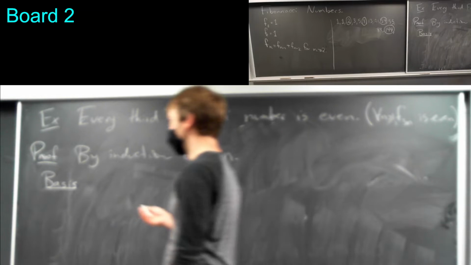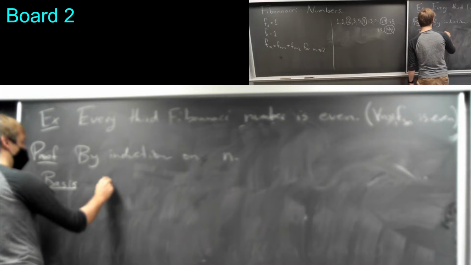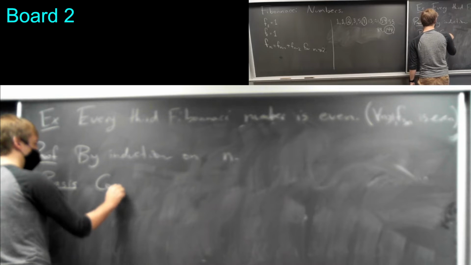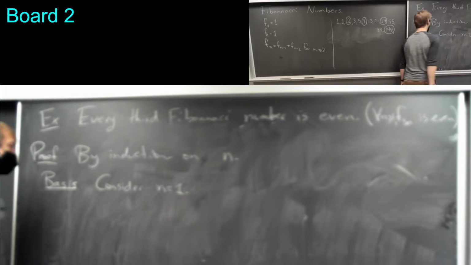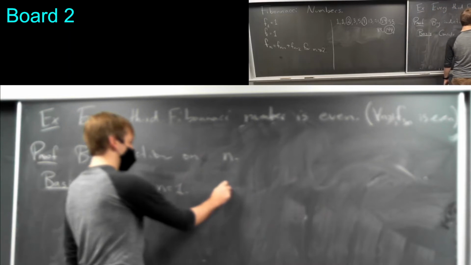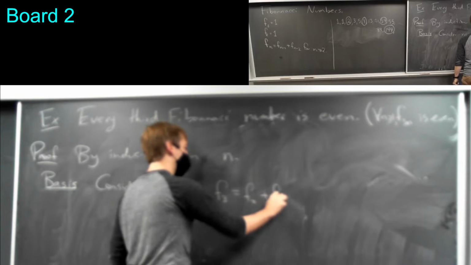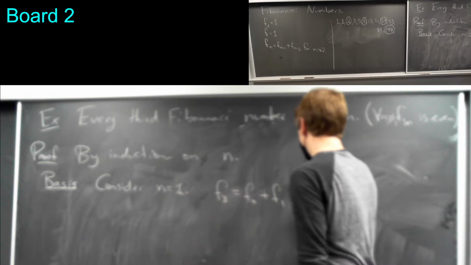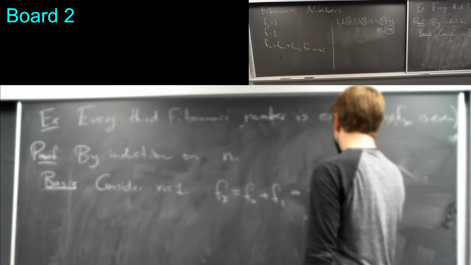So the base case is going to be the case n equals 1. So consider n equals 1. In this case, f3 is just f2 plus f1, which is just 1 plus 1, which is 2.